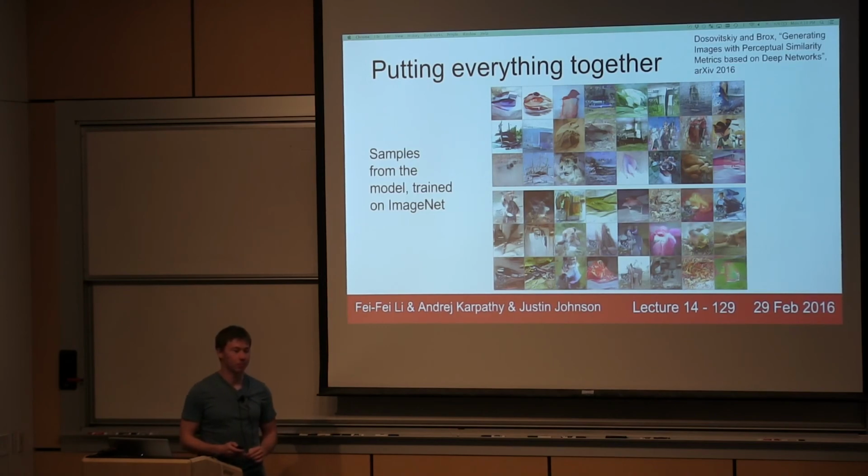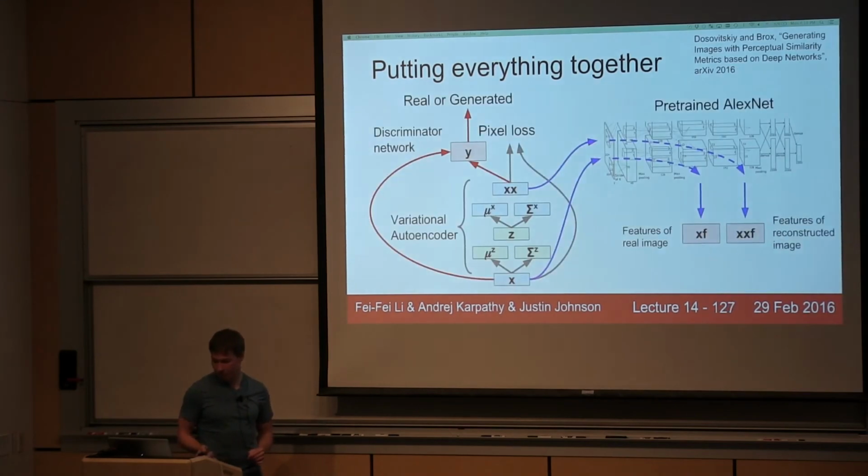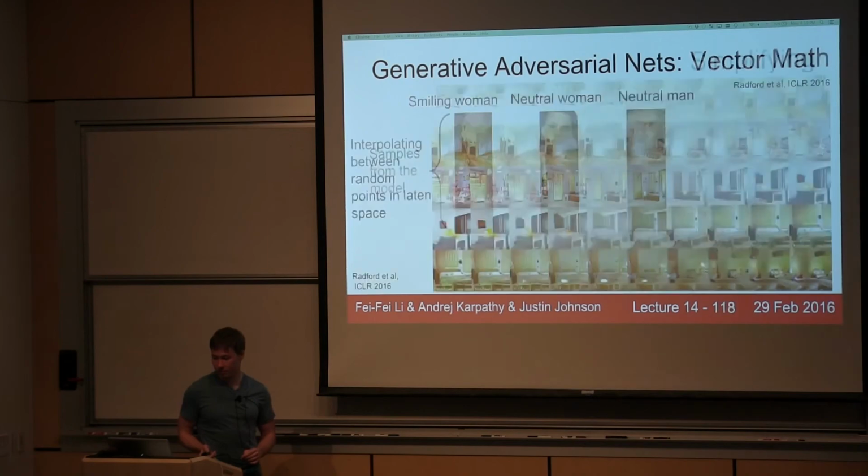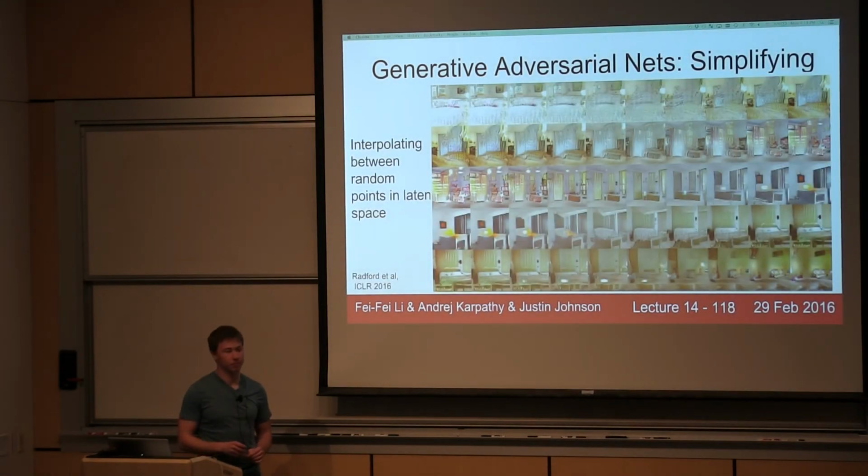Yeah? When you show the bedroom going from one to another, does this mean that you have kind of linearized the bedroom space? What is going on here? Yeah, so the question is, are you maybe linearizing the bedroom space? That's maybe one way to think about it.